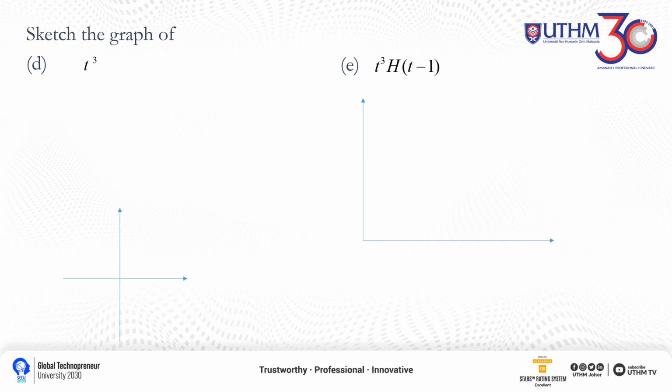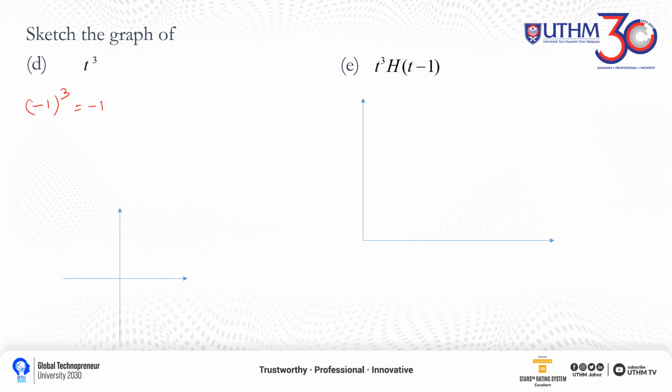To sketch the graph of t to the power of 3, first of all, you need to know what is the value for t to the power of 3. So let's say I draw the graph starting from t equal to -1. -1 to the power of 3, I get -1.